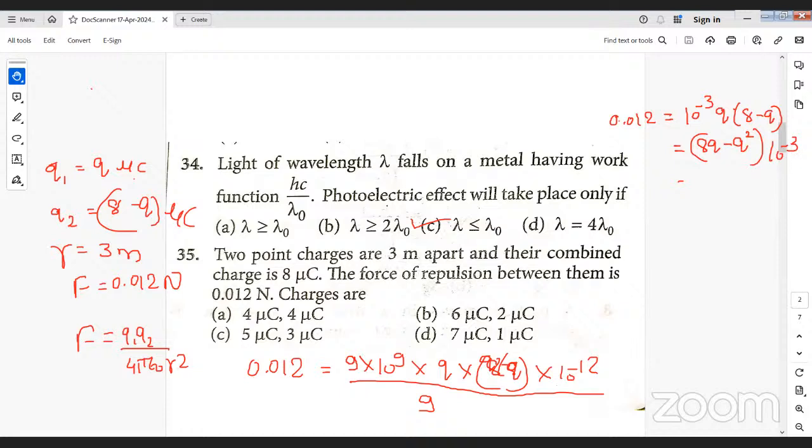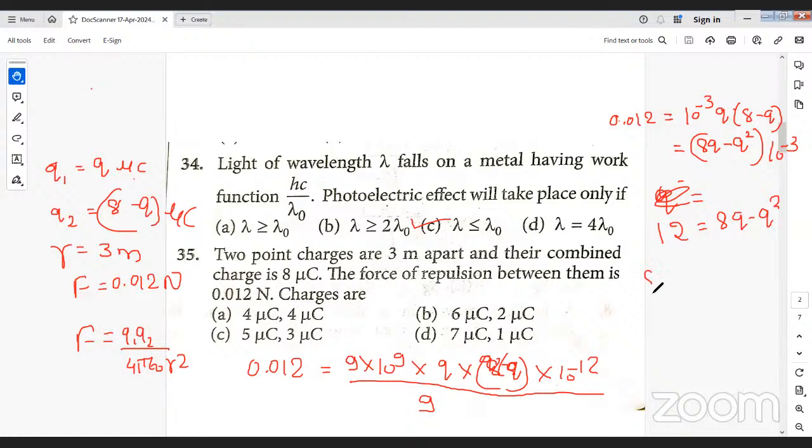So next, take 10 raised to minus 3 to this side. It will be 10 raised to plus 3 when it goes up. Simplify it for q, and you get a quadratic equation, students, because q square is there already, 8q is there. So if you transfer this 10 raised to this one, here it will be 12. 12 is equal to 8q minus q square.